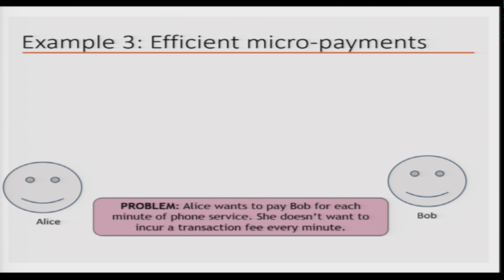But every time she does that, first of all, she will put too many transactions on the network, because this scenario could be very common if it is, let us say, Airtel, and Alice is an Airtel user. Therefore, this is not very efficient.